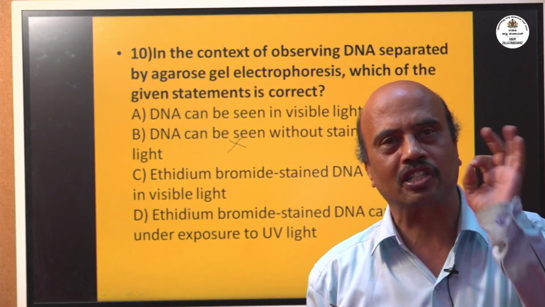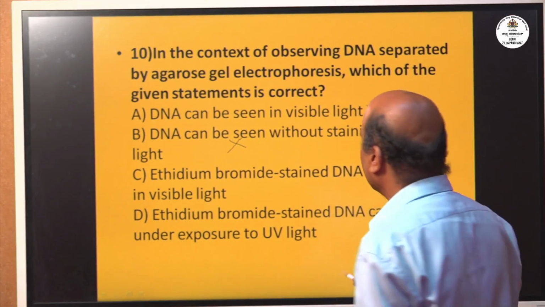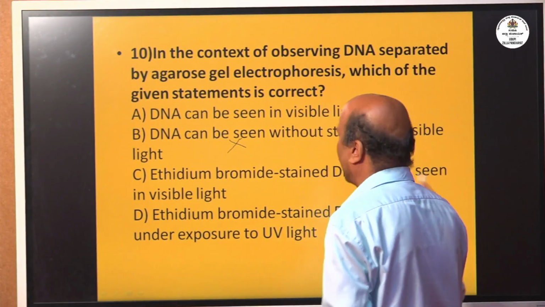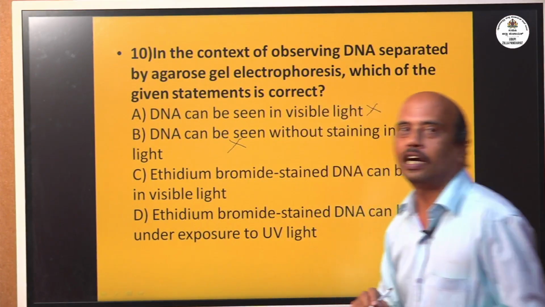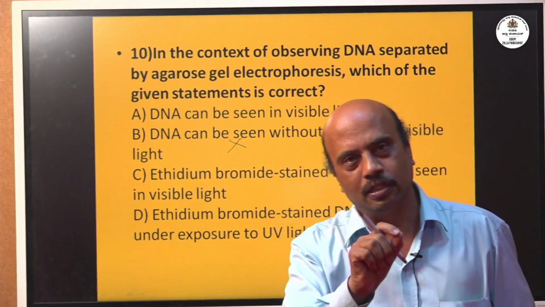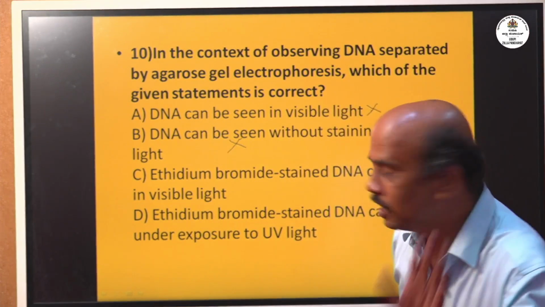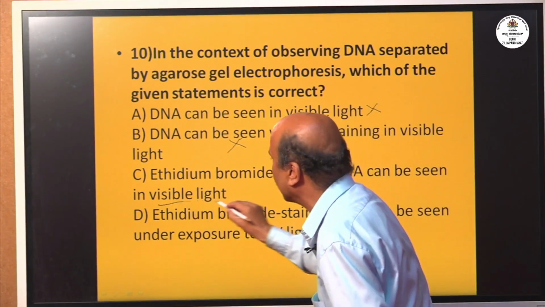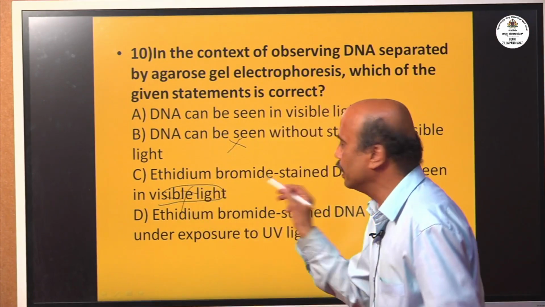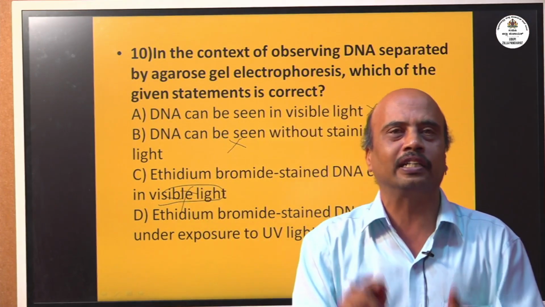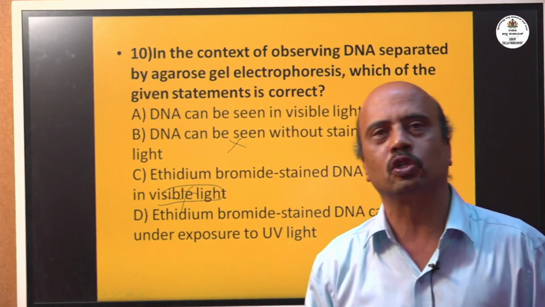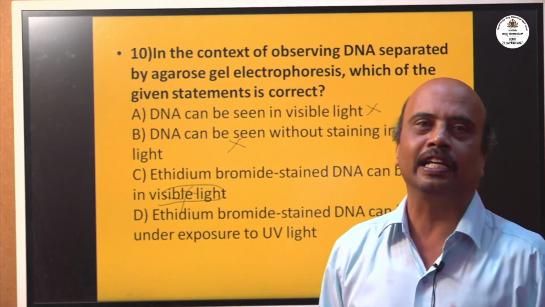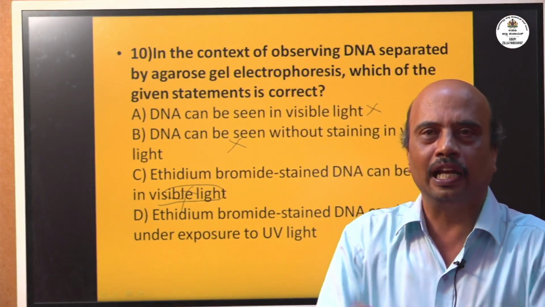Some marker stains. Then, ethidium bromide stained DNA can be seen in visible light. This is partially right, but it is not in visible light that we can see it. Ethidium bromide is the marker or the color that is used to locate where DNA is going in the gel electrophoresis.